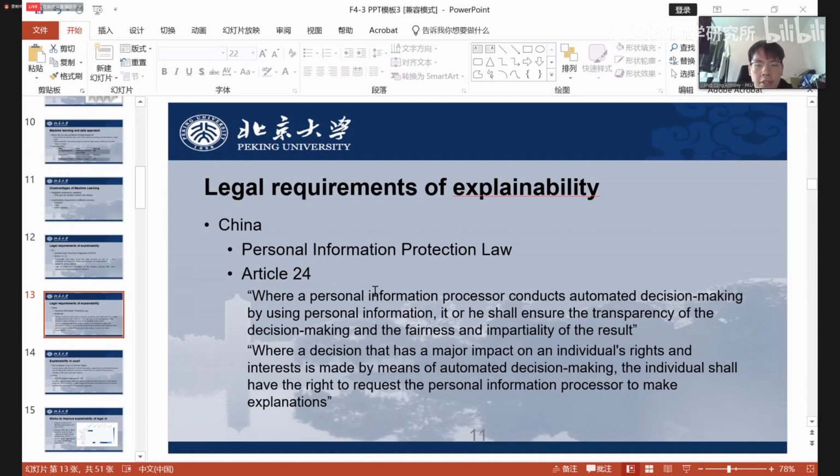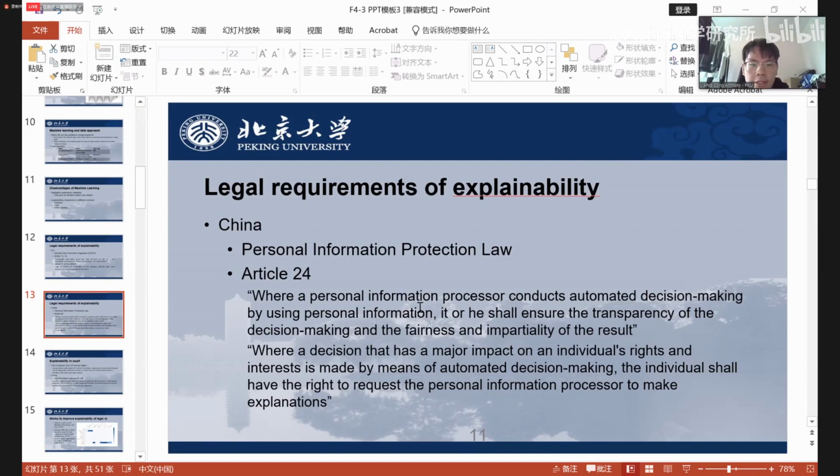It requires the personal information processor to ensure the transparency of the decision making and ensure the fairness and impartiality of the result. And when individuals want to know how their personal information was processed, they have a right to request the personal information processor to make explanations.